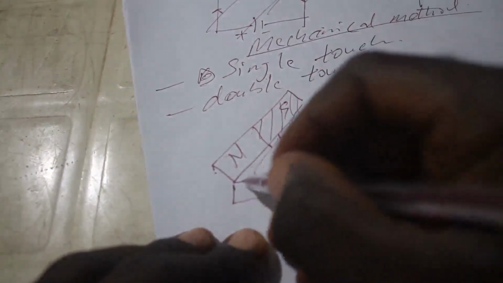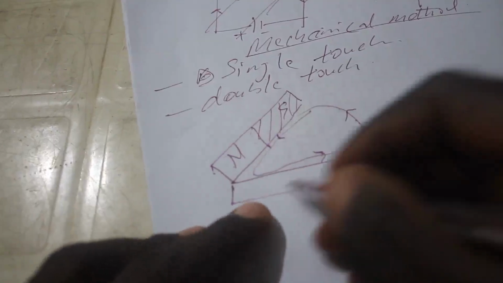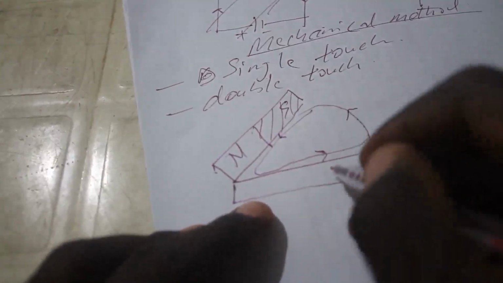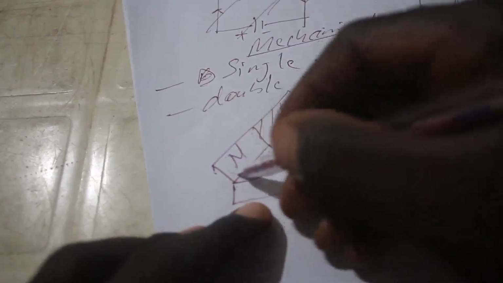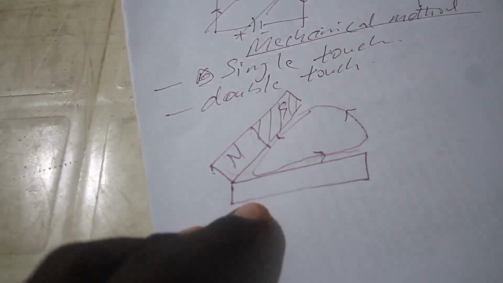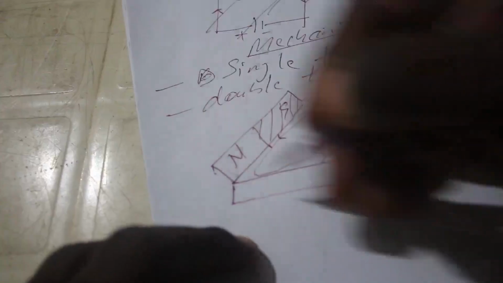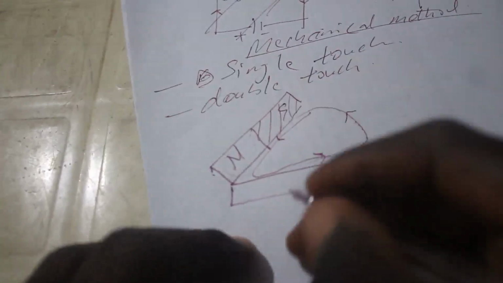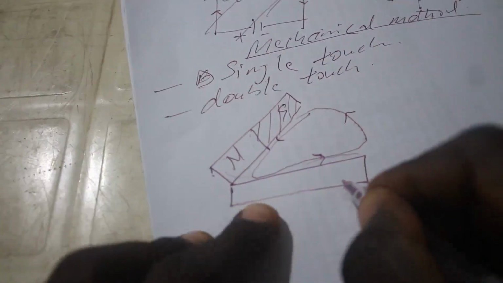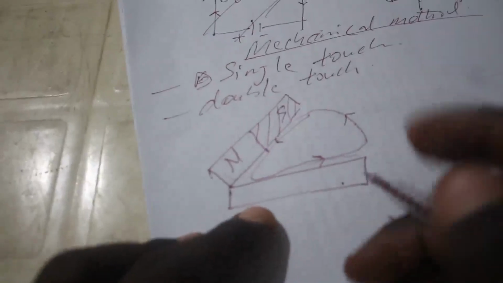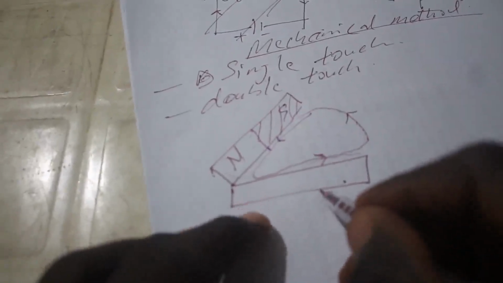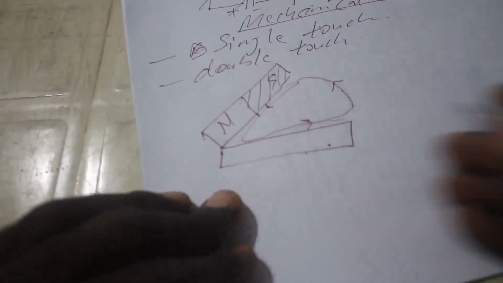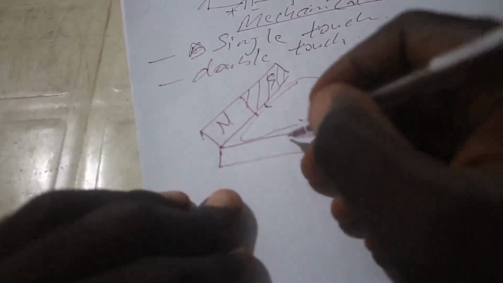You stroke the whole length of this magnetic material you're trying to make into a magnet, in this way. As you bring it here, you lift it up according to the arrow, and then you bring it down to the same part. You do it several times, and after just a few strokes, this magnetic material acquires magnetic property, and it becomes a magnet.